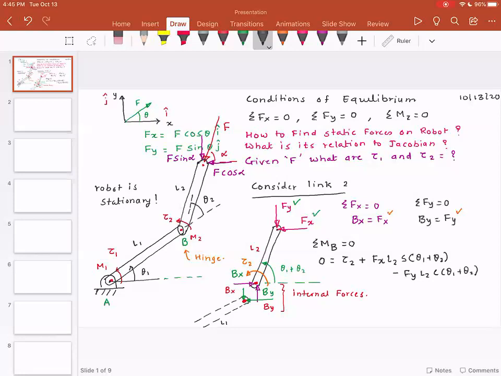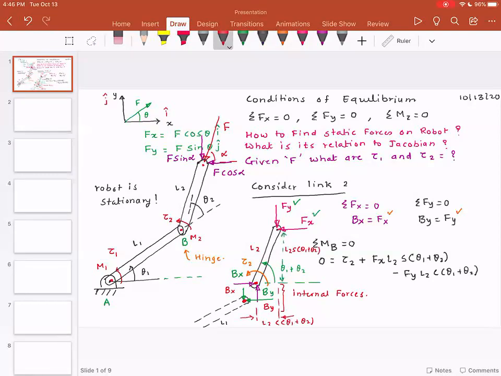So fx, and I just want to show you this, this is L2 sine theta 1 plus theta 2, and this is L2 cosine theta 1 plus theta 2.